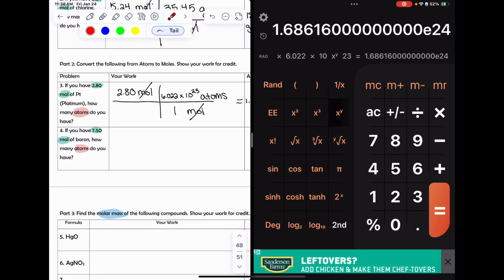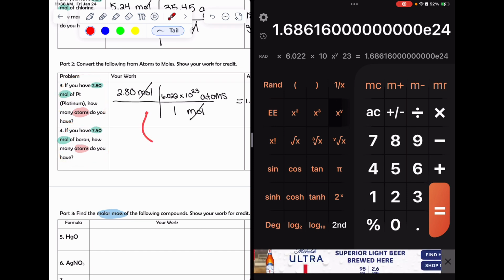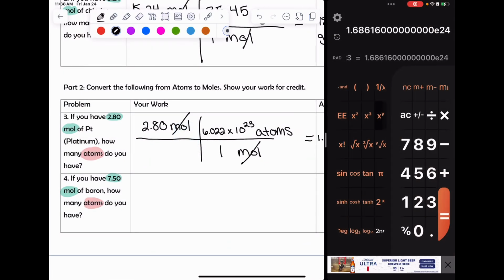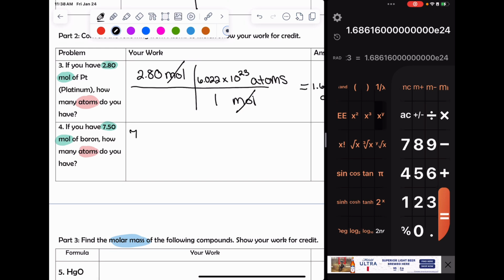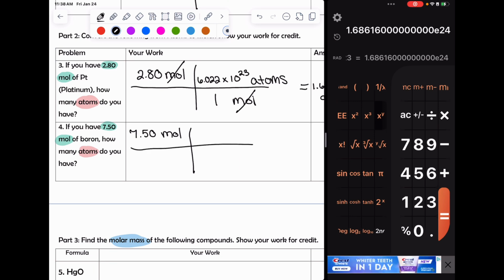Next. Now, if you look at how this is highlighted versus this is highlighted, it's highlighted the exact same way. So we're going to set up a table down here the exact same way as we did on number 3. Let's start with what we're given. If you have 7.50 moles of boron, how many atoms do you have? Again, atoms.